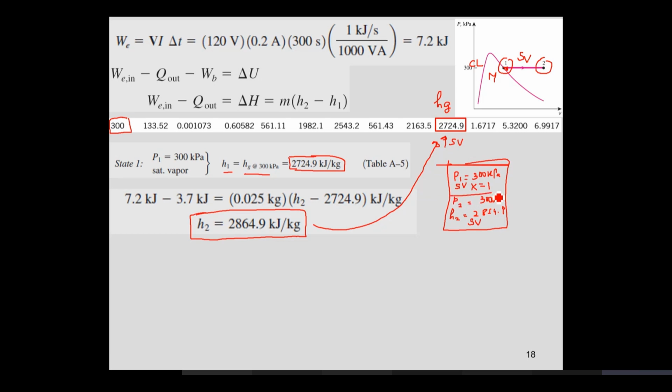So using this information for state 2, can I find out the temperature for my system? The final temperature, if I want to find out T2, can I find it out?